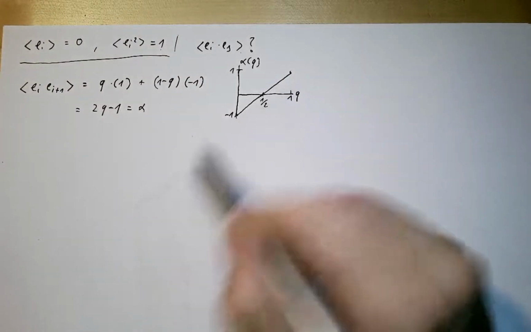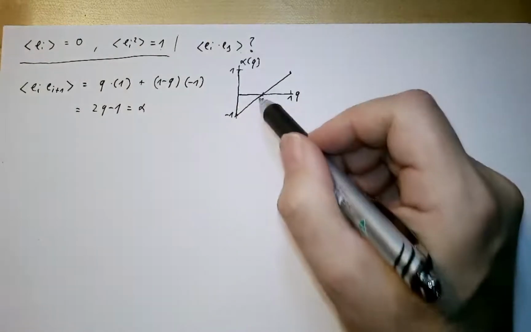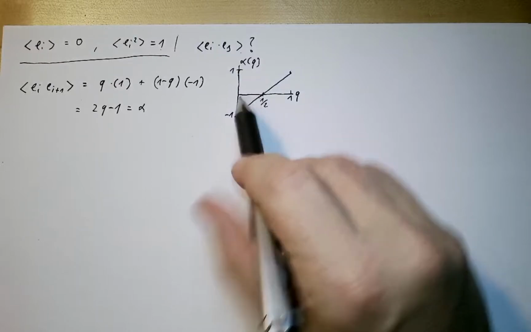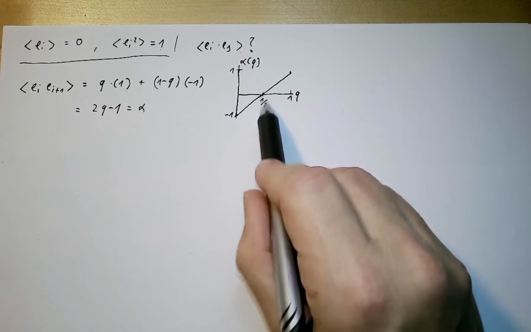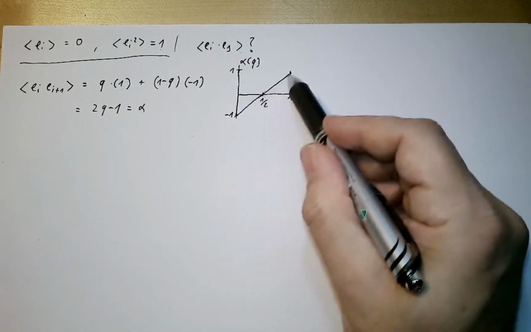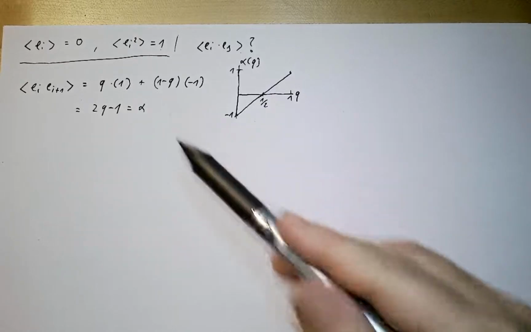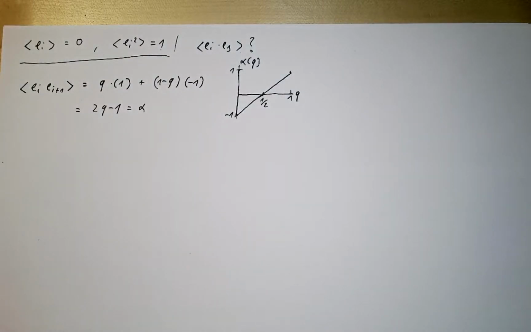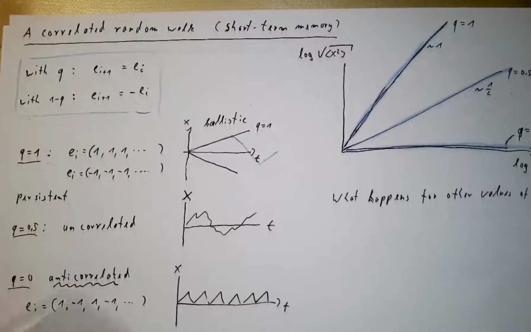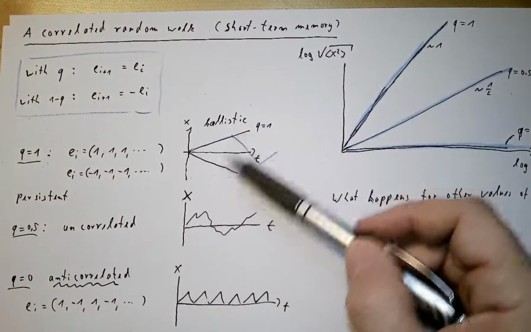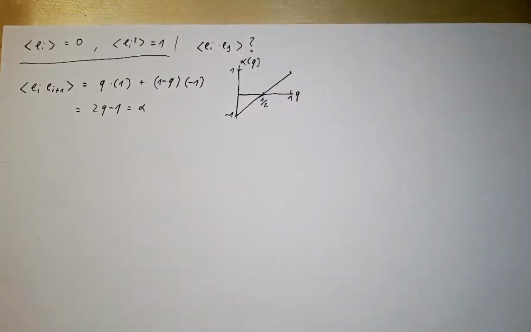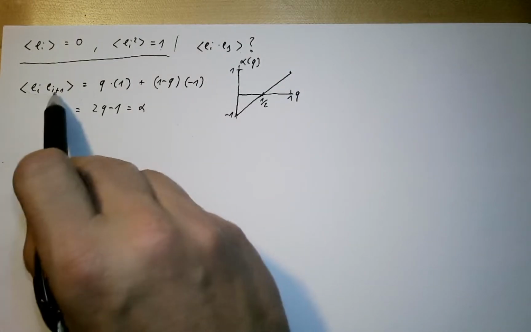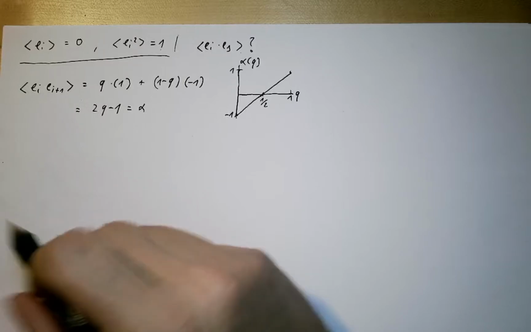If q is larger than 1/2, we have positive alpha, otherwise negative alpha, and this will be important later, whether we are in the rather persistent or the rather anti-correlated regime of the walk. So we know what's happening to the expectation if we go one step into the future.